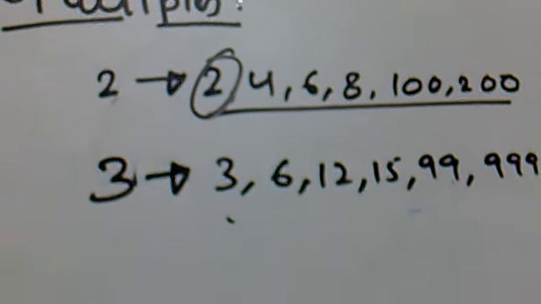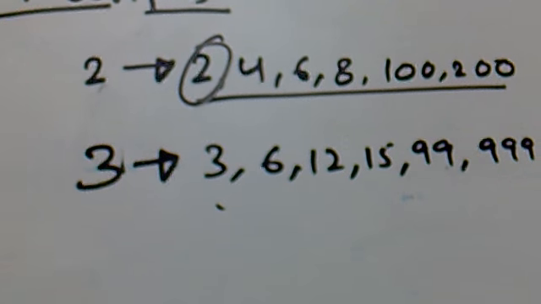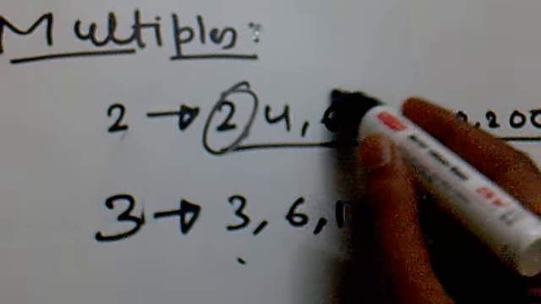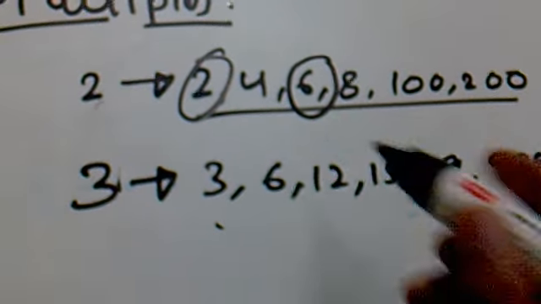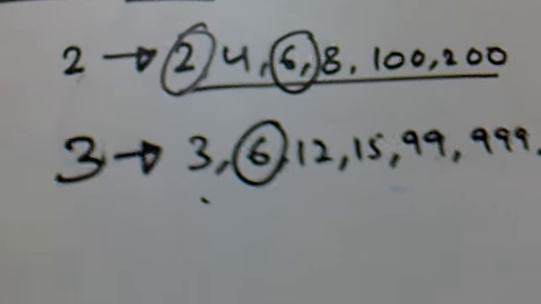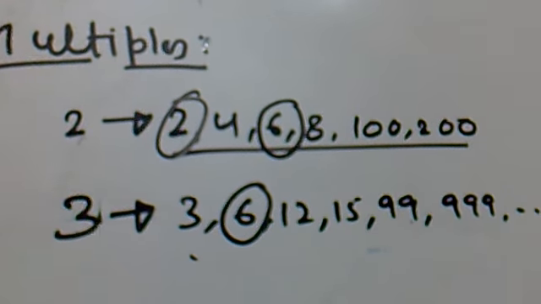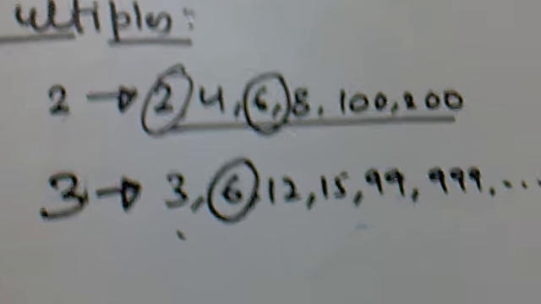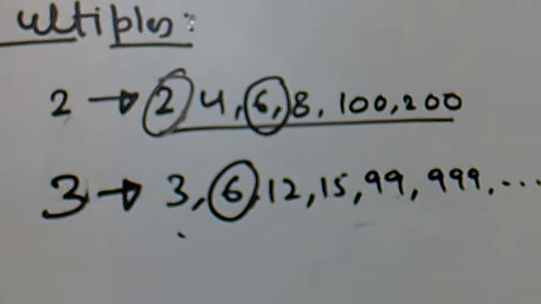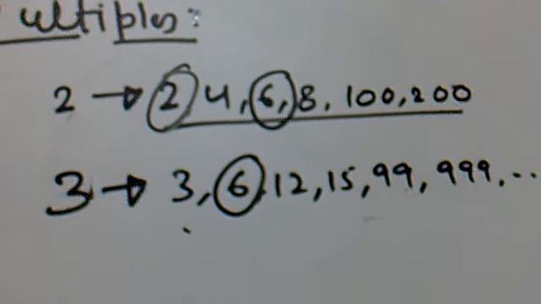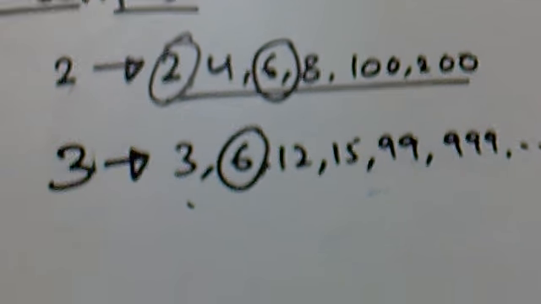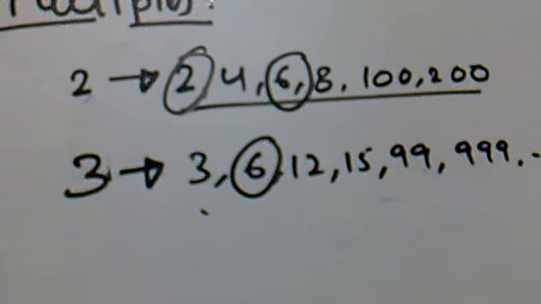Okay, so here we can see something like 6 is a multiple of 2 and 6 is also a multiple of 3. So it means two numbers can share a multiple. We can say these are the common multiples. 6 is the common multiple of 2 and 3.